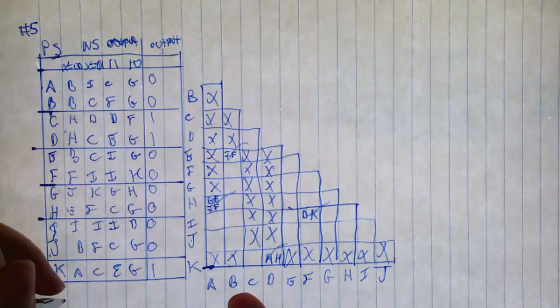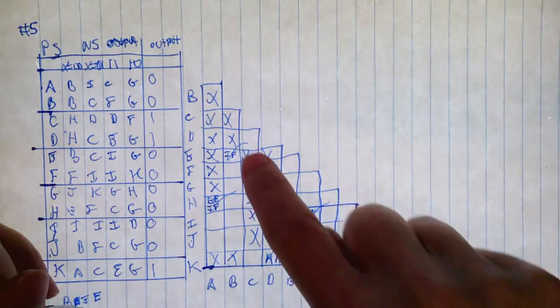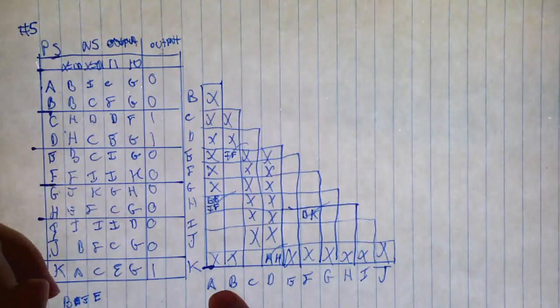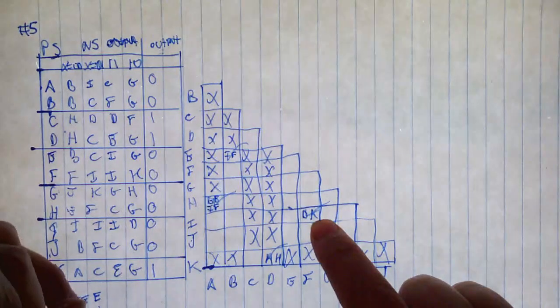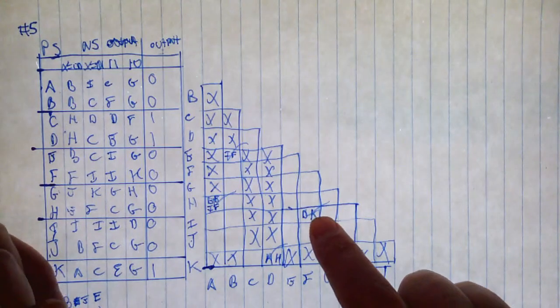I got B is equal to E. That's this. I got A is equal to H. That's this. I got F is equal to I. That's this.